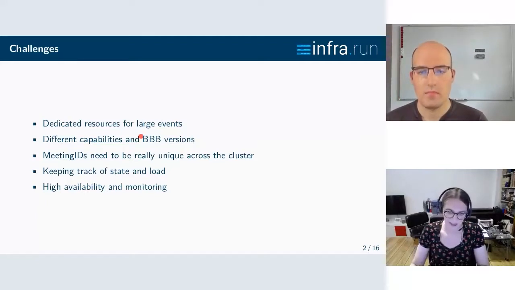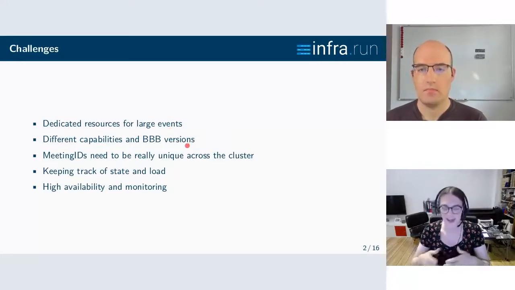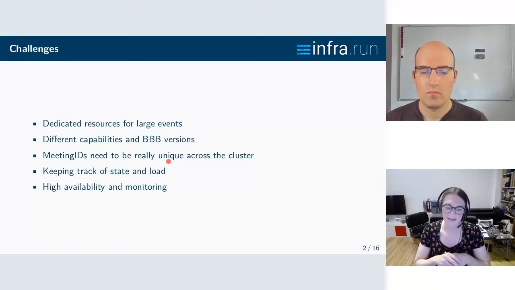With the different capabilities and, for example, dedicated resources, some concept of tags comes into play. Also, we need to keep track of the total amount of users running on a backend, the total amount of meetings running, and basically calculate the current load of a backend from the state.